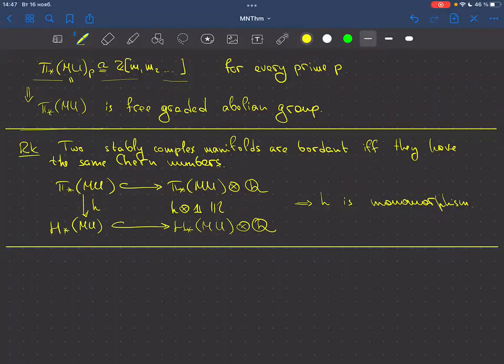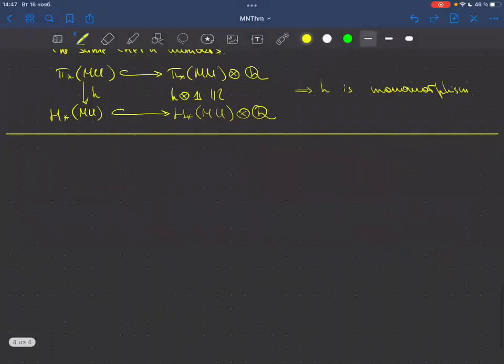Okay, and so we have only left to prove that there is such an isomorphism of graded rings. So what are we going to do next?